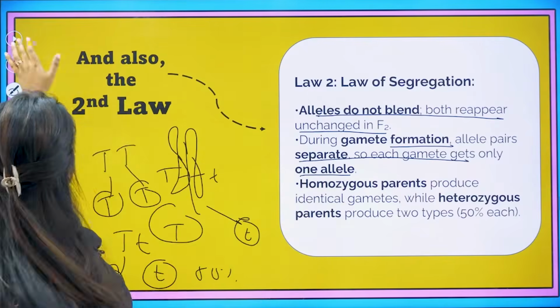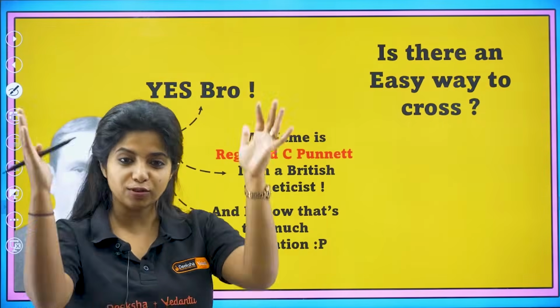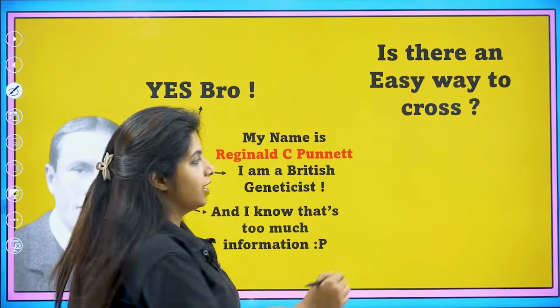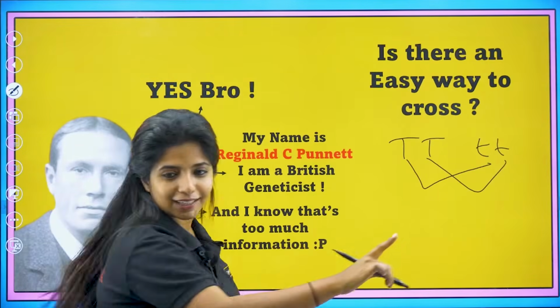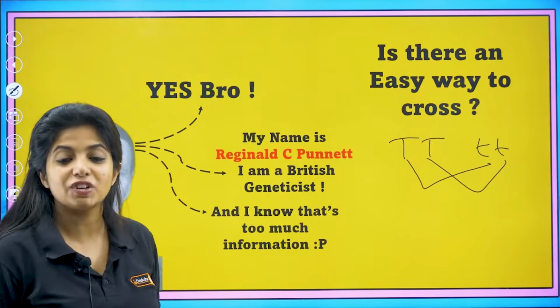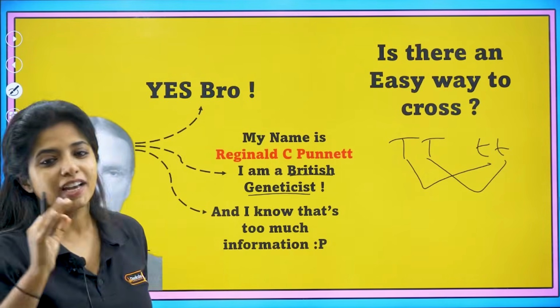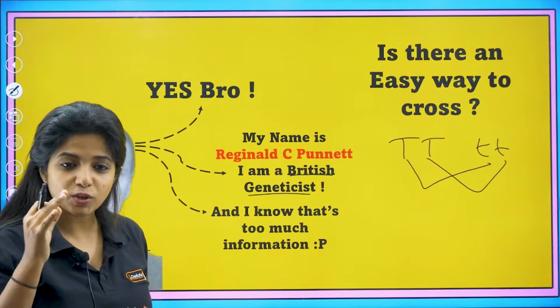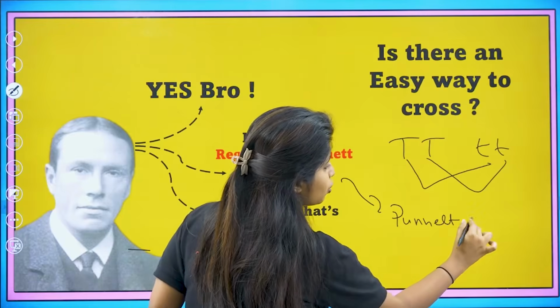Okay. Now, going ahead with the next thing, is there any easy way to cross? We have seen crosses like capital T, small t, this and this. But is there any easy way? Someone is saying, yes bro, my name is Reginald C. Punnett. Who was Punnett? Please remember, he was a British geneticist, and he gave us something known as the Punnett square.